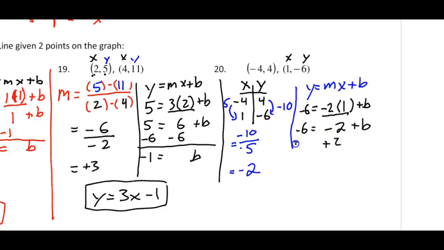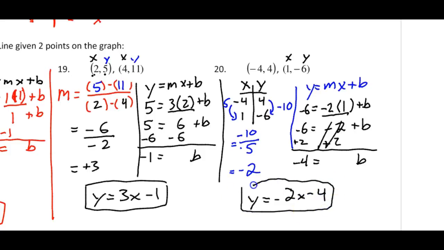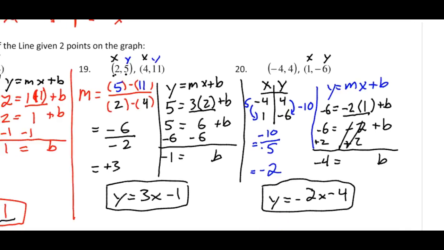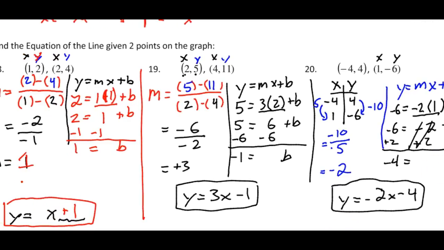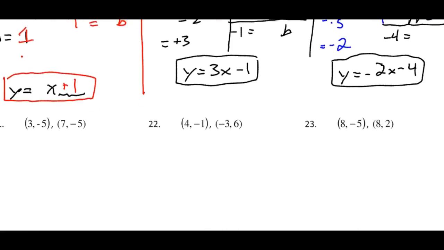Add 2 to both sides. So we have our m and our b. So write your equation. Y equals negative 2x minus 4. Okay. Almost to the end. 3 more.